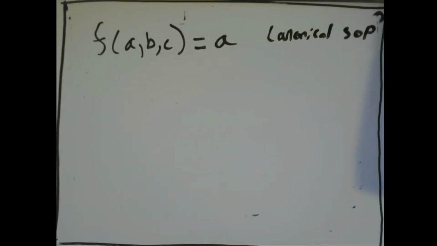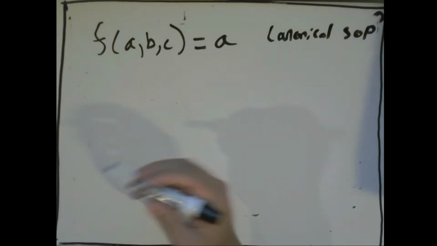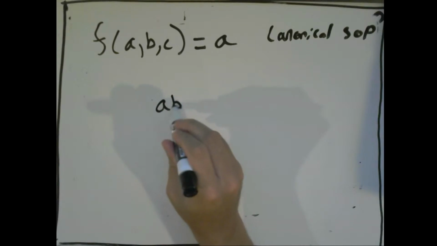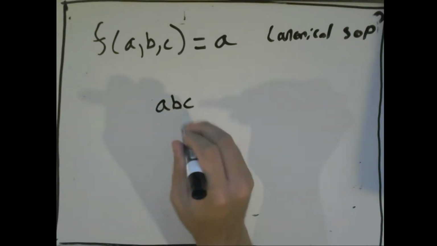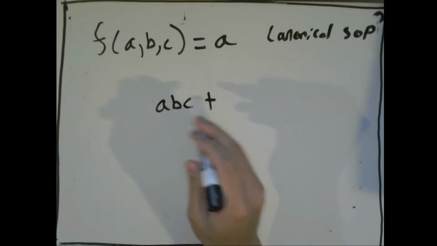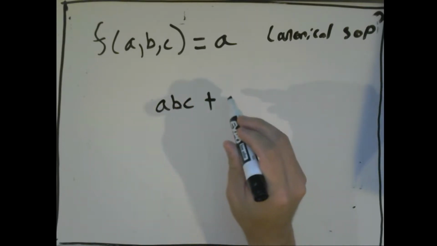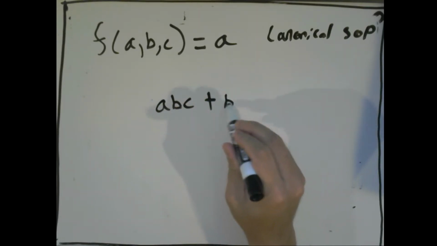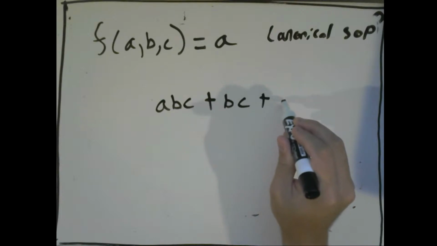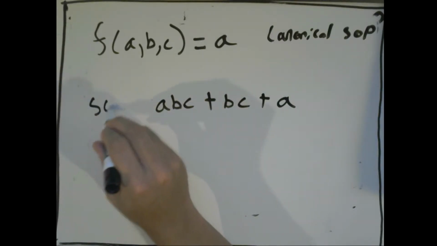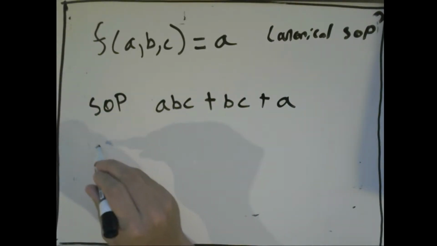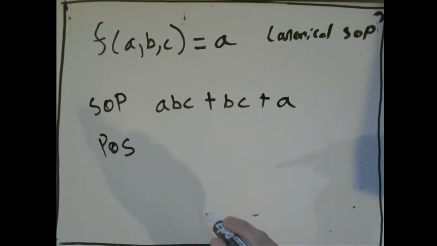Just a quick review: sum of products is when you have an equation where each term is ANDed together and the terms are separated by an OR. This would be an SOP equation. Product of sums is kind of the inverse of that.